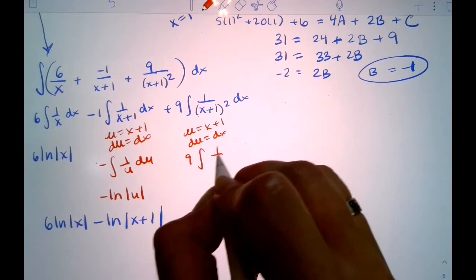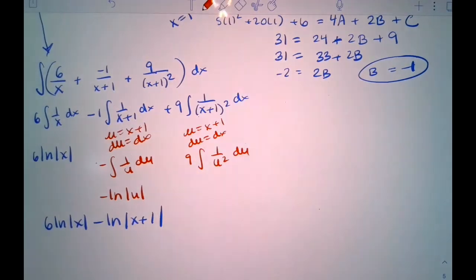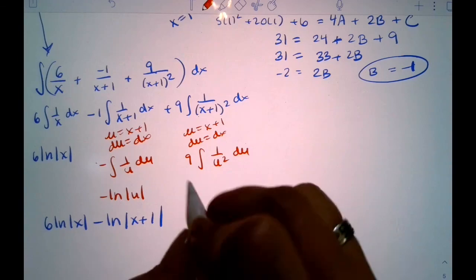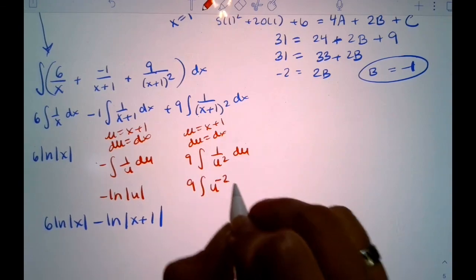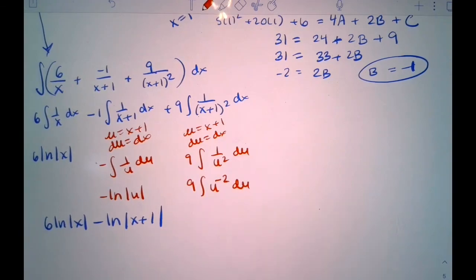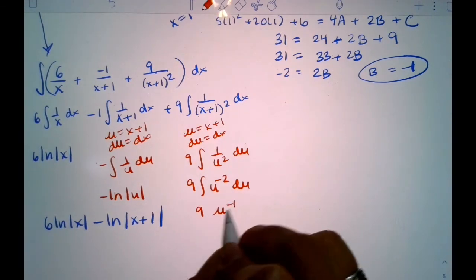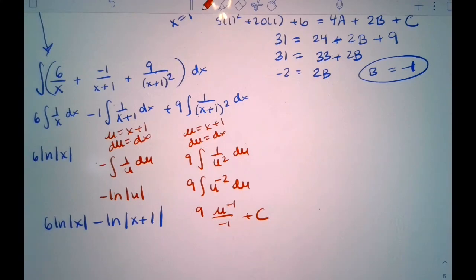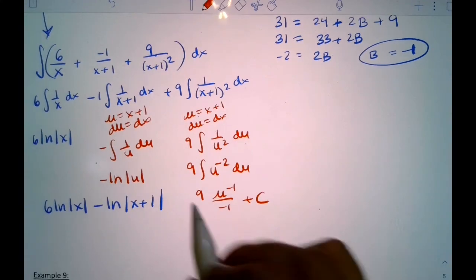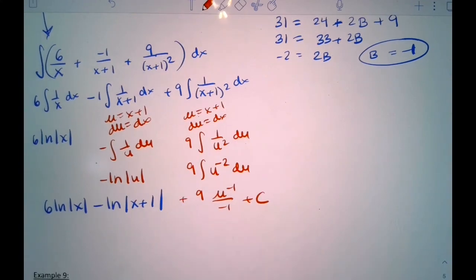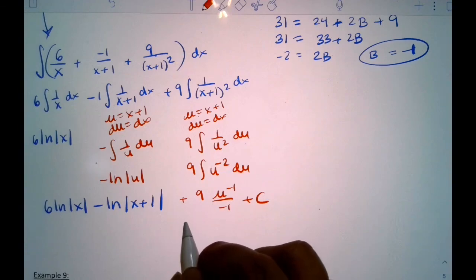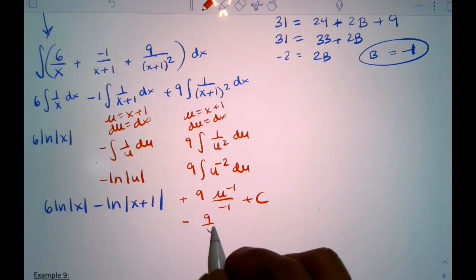I have 1 over u squared, and this was my line of defense to kind of help you here. This is u to the negative 2. This is a power rule. This is not a natural log antiderivative. This is add 1 to the exponent and divide by your new exponent. That's what's going on here. So let's be really, really careful about that. So what is that? That's negative 9 over u.